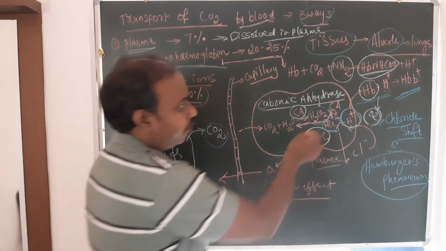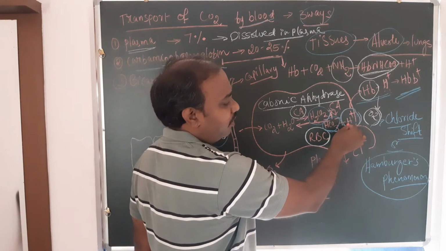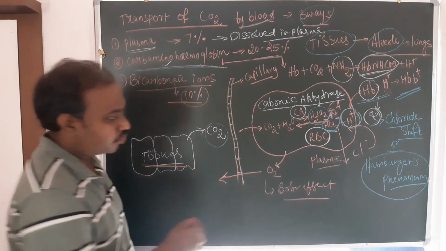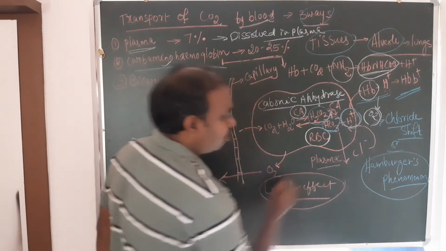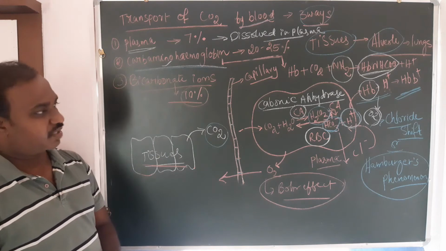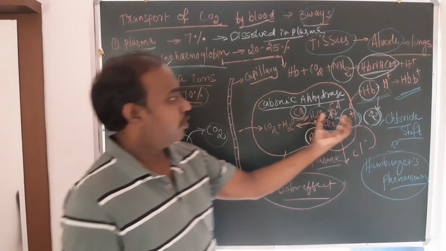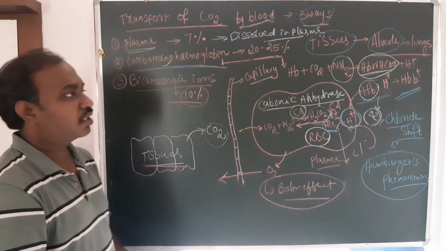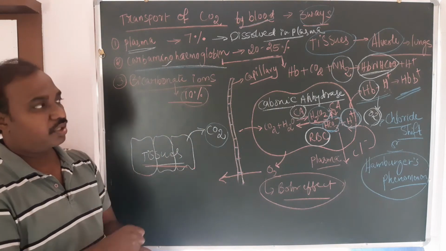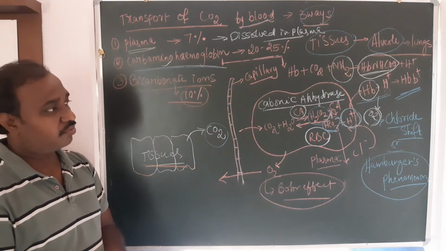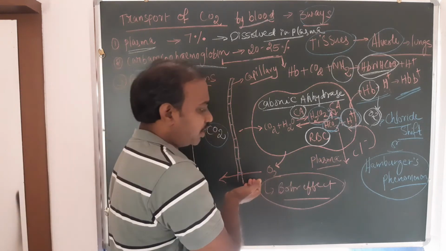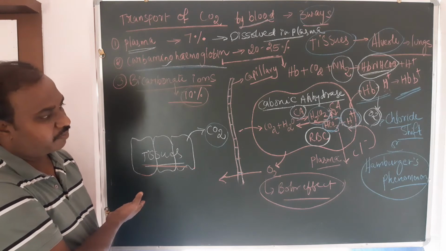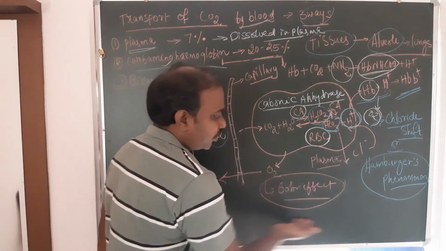So this effect of H plus ions on the dissociation is called the Bohr effect. This we saw yesterday. This effect of increased amount of H plus ions to dissociate the oxyhemoglobin to release the oxygen so that it can be supplied to the tissues is called the Bohr effect.